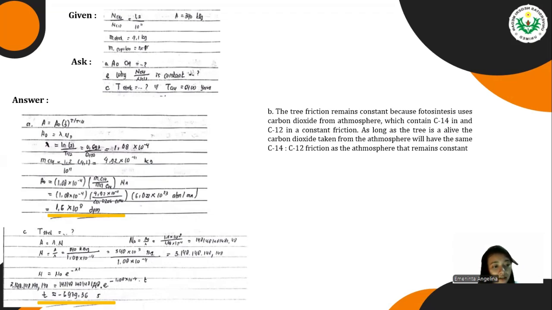And for the question that asks the age of the stick, the age we can get from the equation where N is equal to initial N times exponential to the power of minus decay constant times t. We get t is equal to minus 6,979.36 seconds.